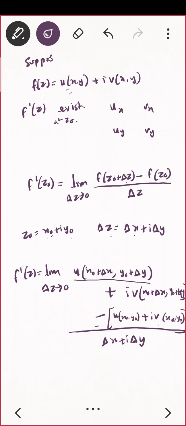So if you observe, this is u of x naught plus delta x, y naught plus delta y minus u of x naught y naught.